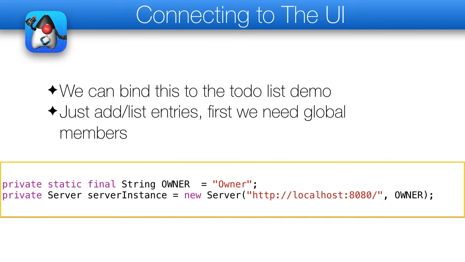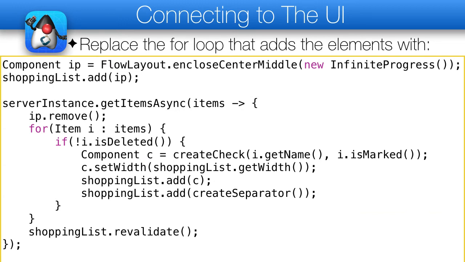And obviously create a server instance with the owner, and notice the server is just the class that includes the async and the sync methods that I showed you earlier. So it's just that, and I'll make the calls on top of those variables, and we'll see soon just this.